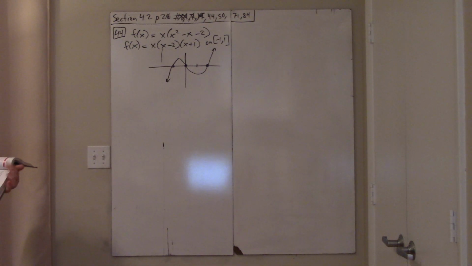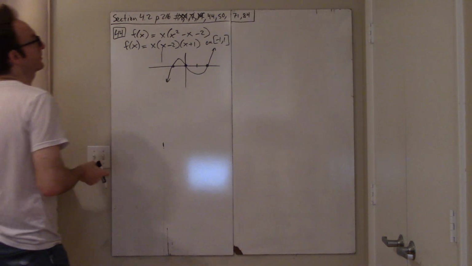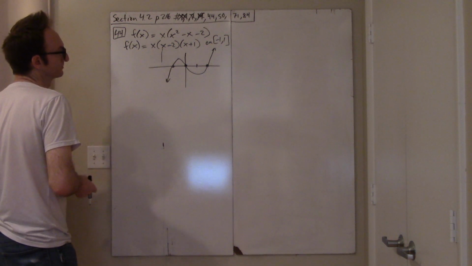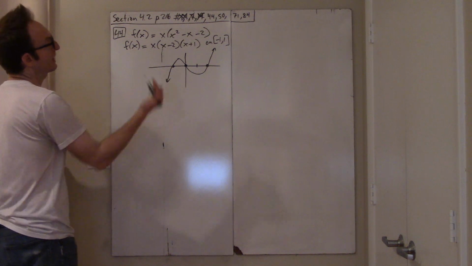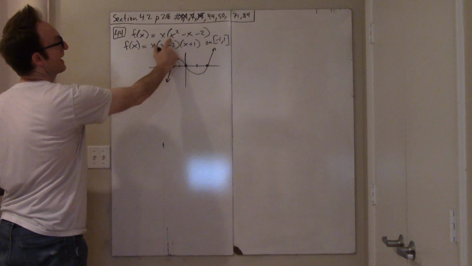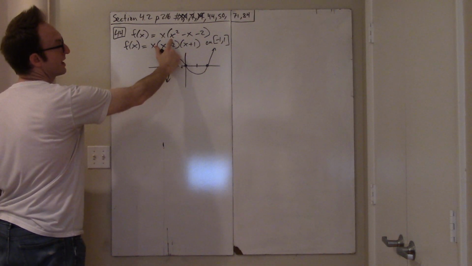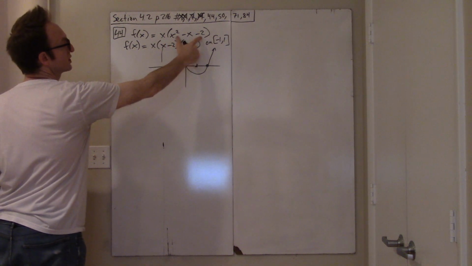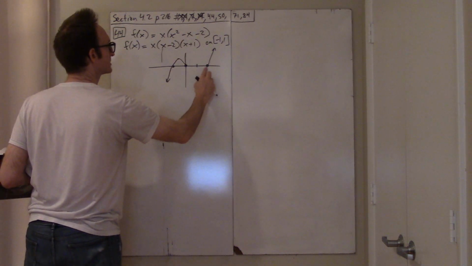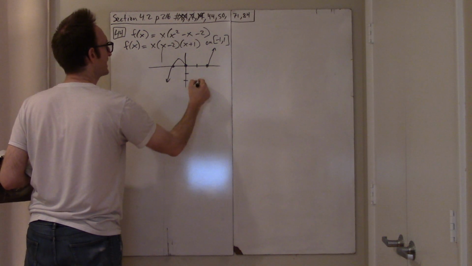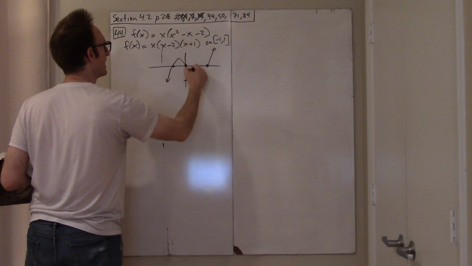And now they say, on the interval -1, 1, what happens when I plug in 1 here? I get 1 minus 1 minus 2 times 1. So this is in fact -2. So maybe it's good to draw this kind of accurately.